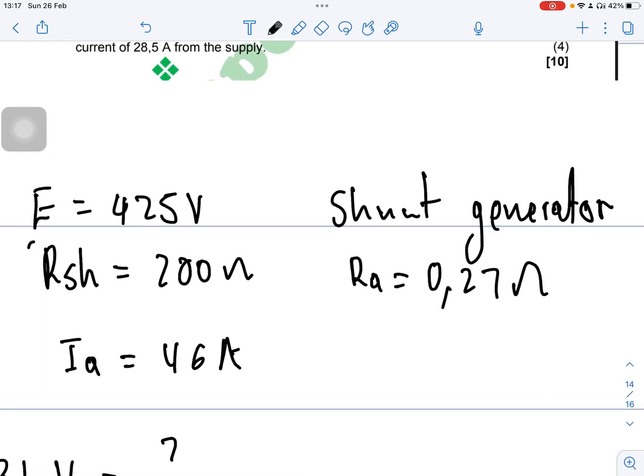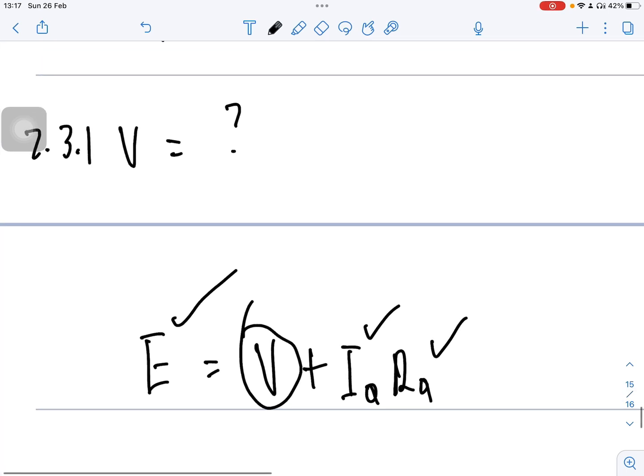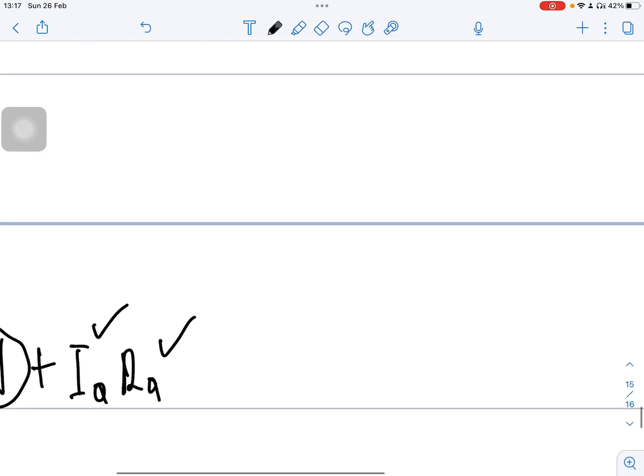In other words, guys, they were just trying to confuse you by giving you the shunt field resistance, which you don't need because the armature current is given directly. They were trying to confuse you, but you might need it in the following question. But if we draw the circuit, here it is.